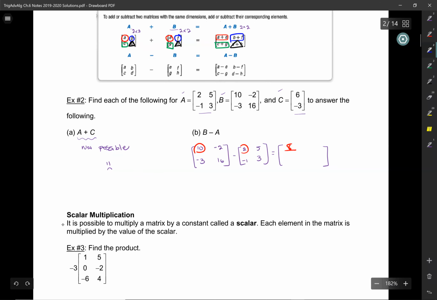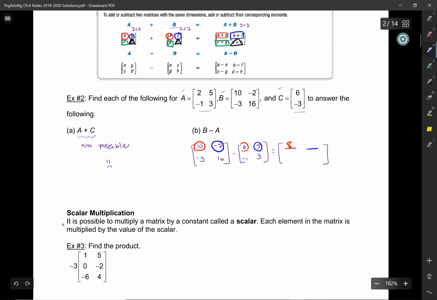It doesn't matter. I'm going to go across. So this is the position, row 1, column 2. I'm going to put it, guess where, guys? Row 1, column 2. Negative 2 minus 5. That's a negative 7, so that goes there.